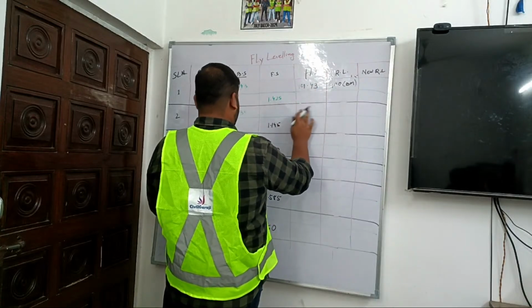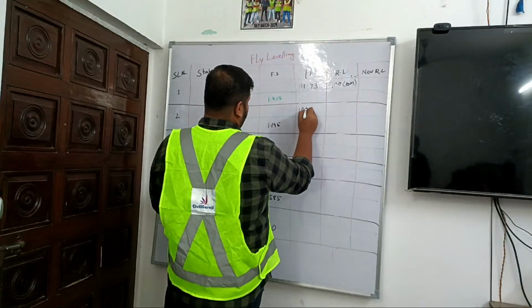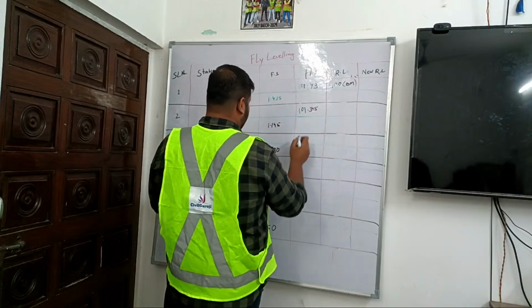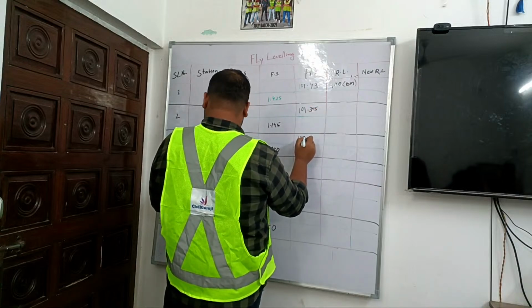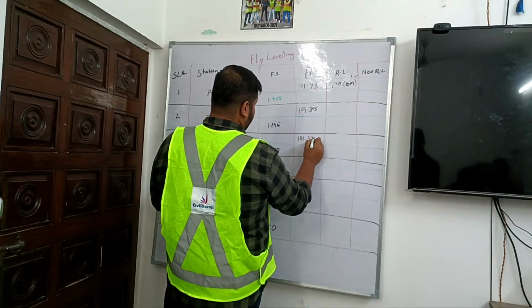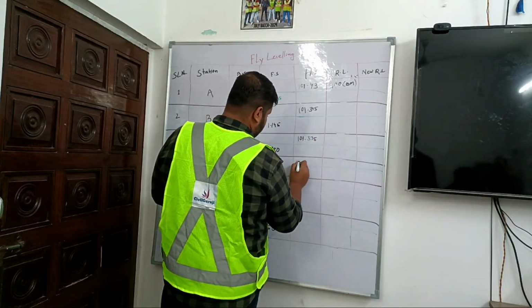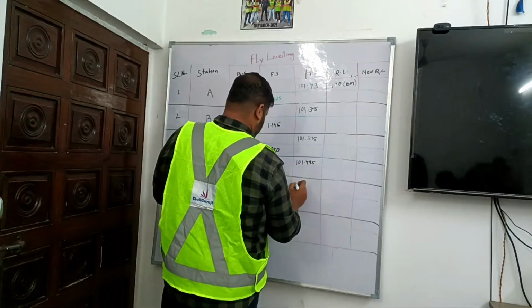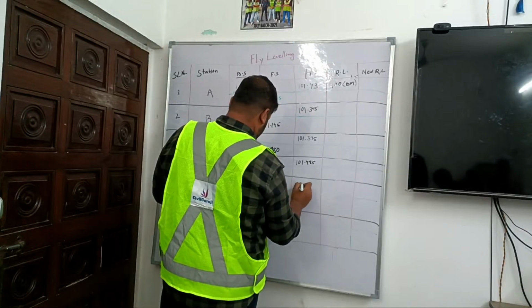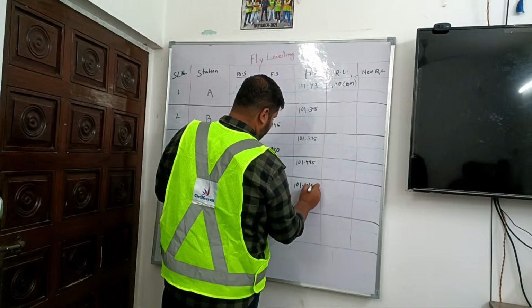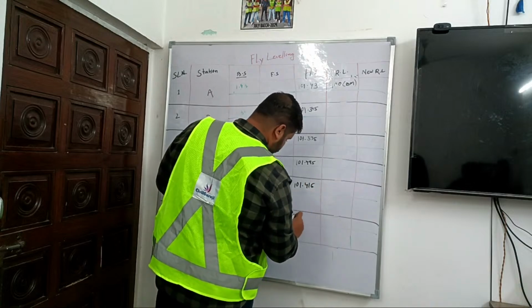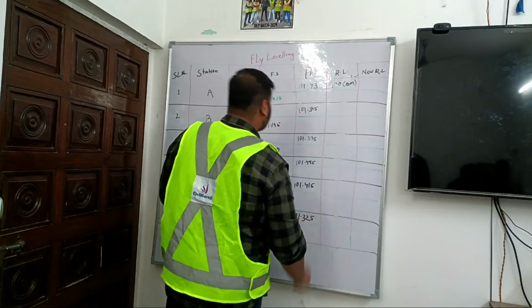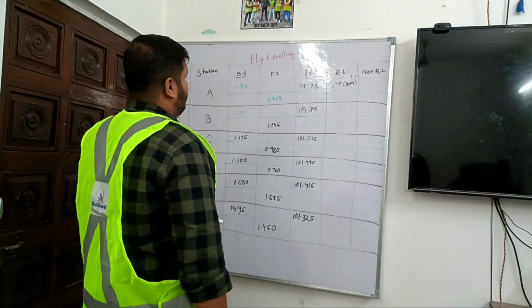Now at this point, the height of instrument will be 101.345. Okay, likewise 101.375, 101.495.